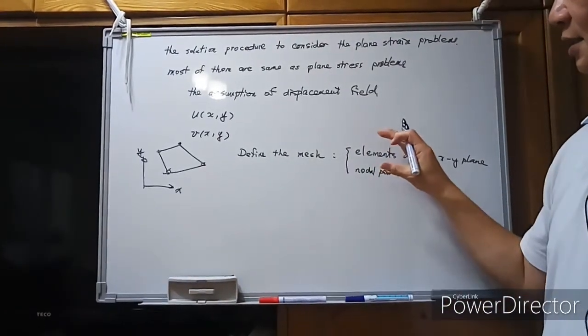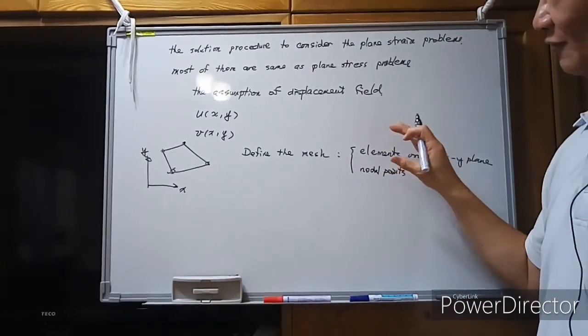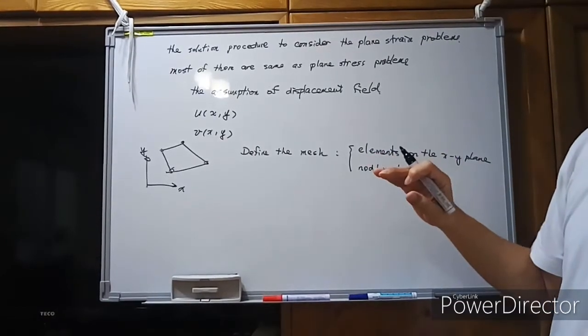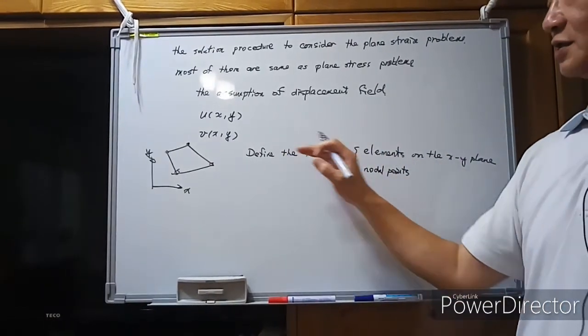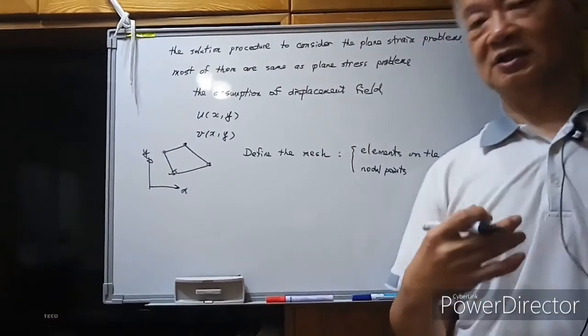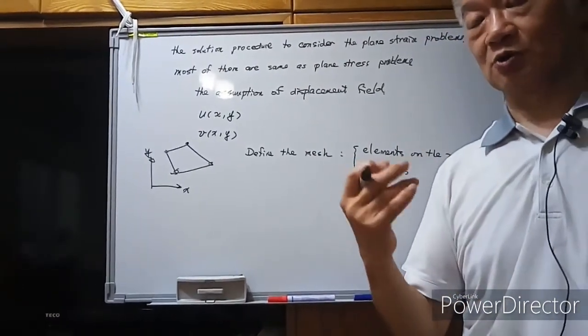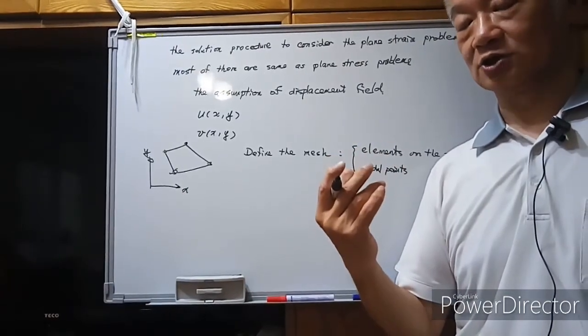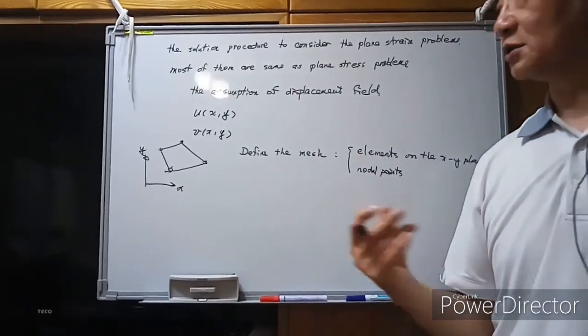And the definition of the elements and the nodal points, or you can say the definition of the mesh, is also the procedure to describe the geometric shape of the structure.